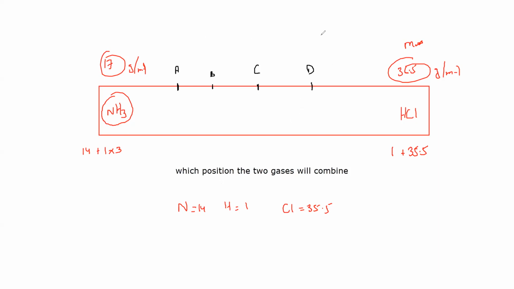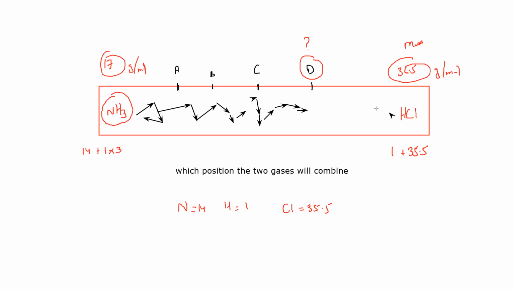The correct answer for this is D. But what is the reason why D is the right answer? Because NH3 is lighter. As NH3 is lighter, it will diffuse or move faster.